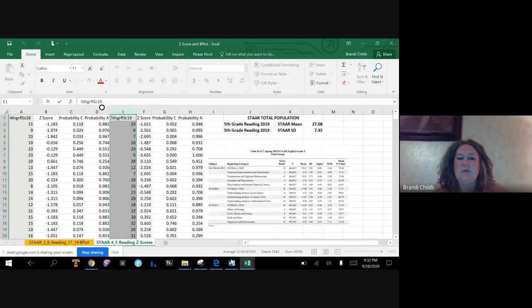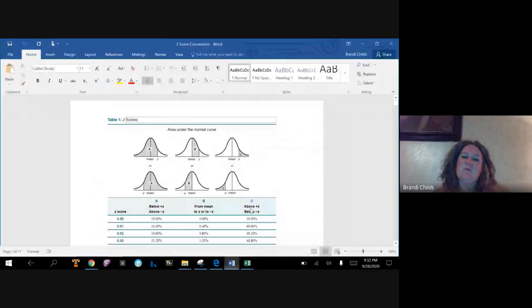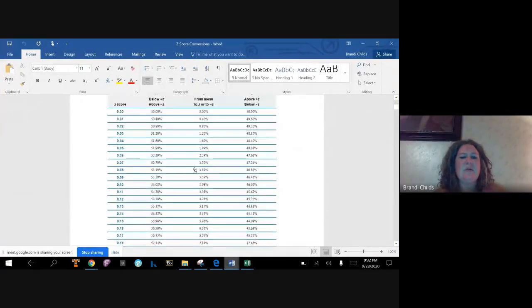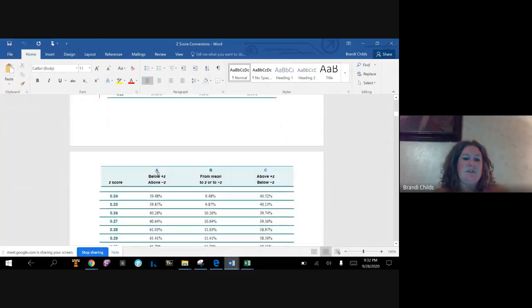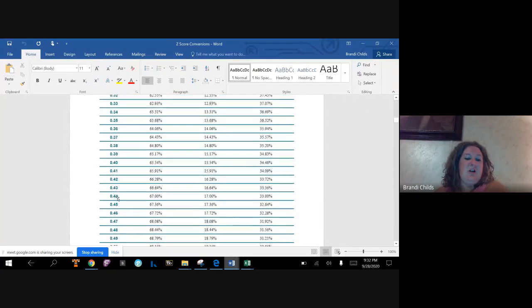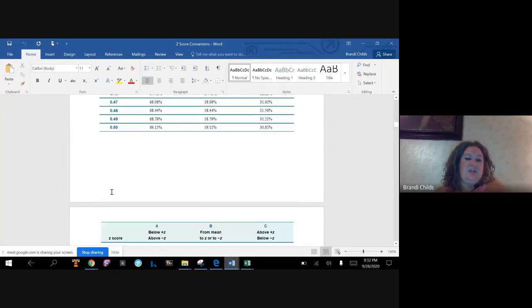Of course, I did see where you had the distribution, not the bell curves. So if you don't want to look at the chart, you can figure it out here, where it also shows below and above those percentages based on where that z-score is in the middle.